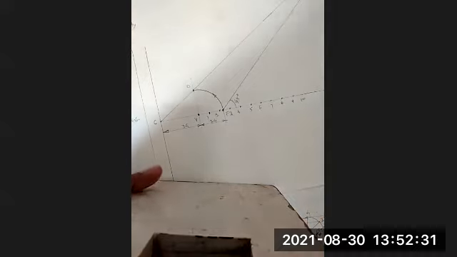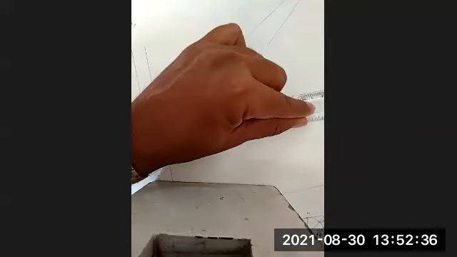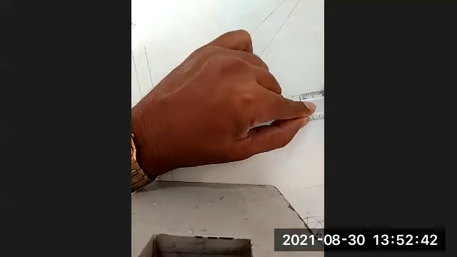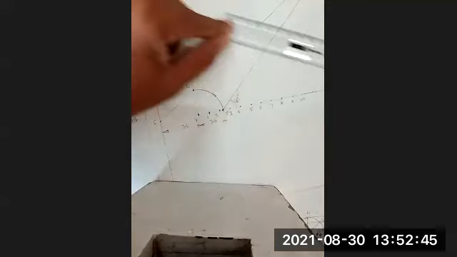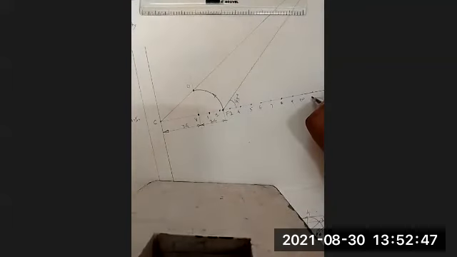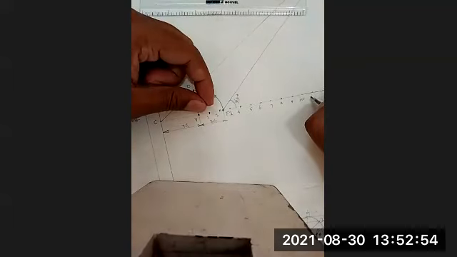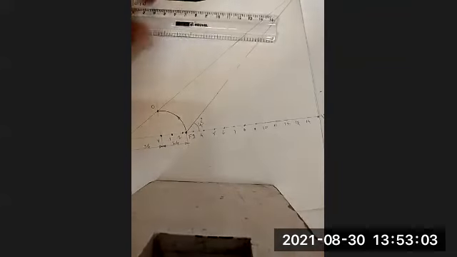Again, further points you have to take, till the end. Suppose you get 11, 15, 20 points, that depends on how much spacing you choose. 11, 12, 13, 14, and so on. I hope you understood this.